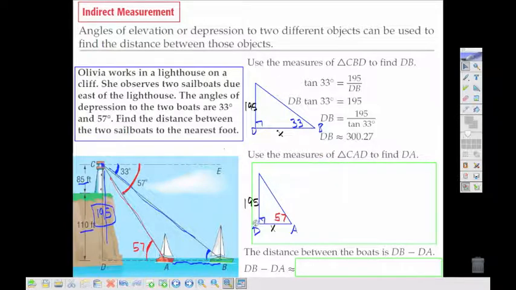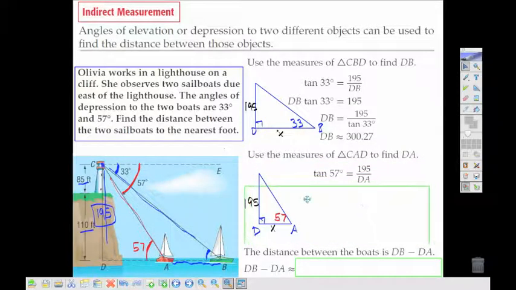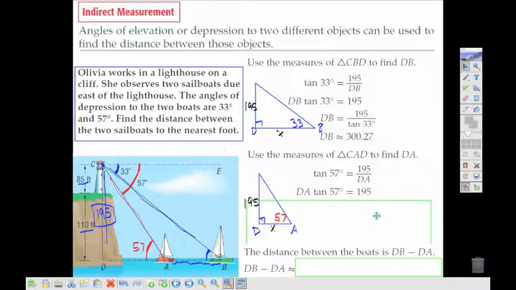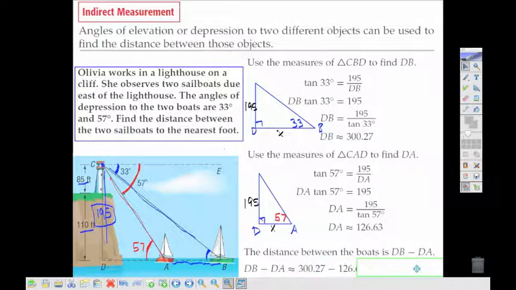For the next one, CAD, we set it up the same way, 195 only, this time over DA, and we're using 57 degrees. Working that out, we end up with 126.63. So putting that together, we want the long one minus the short one to give us the distance between the boats, AB, so the 300 minus 126, and that comes to about 174 feet.